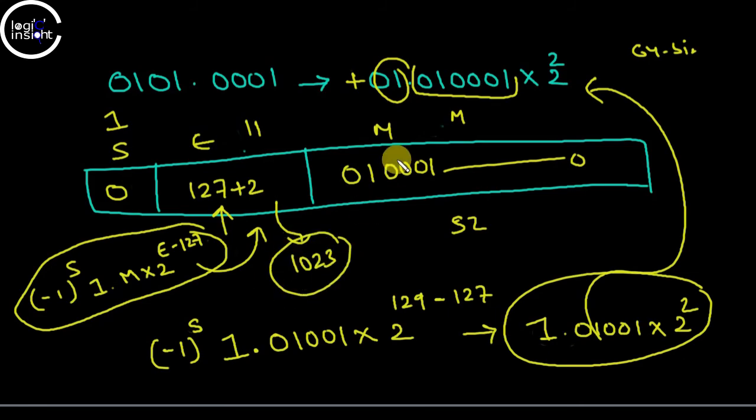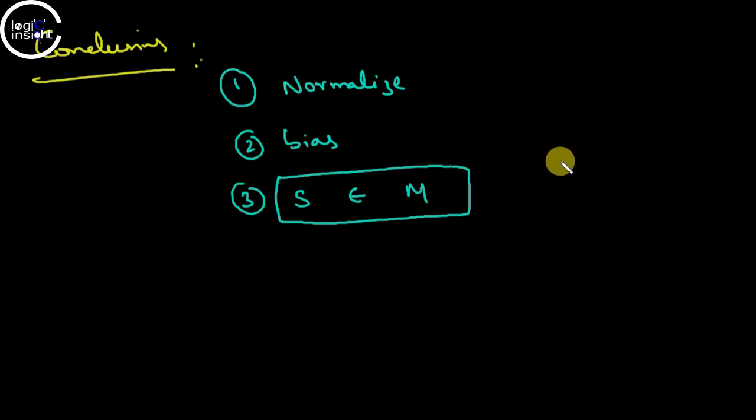If you apply the same logic, it can store a larger range of floating point numbers. Whenever you are given a problem to solve, first normalize the number and then bias it, depending on whether there are 32 or 64 bits.